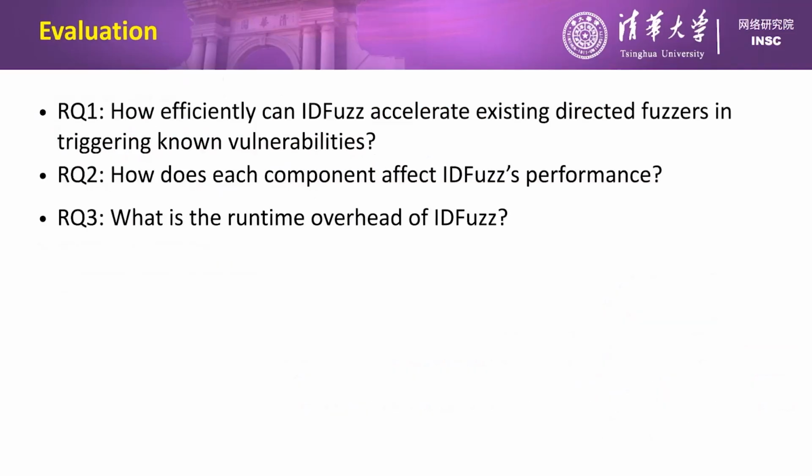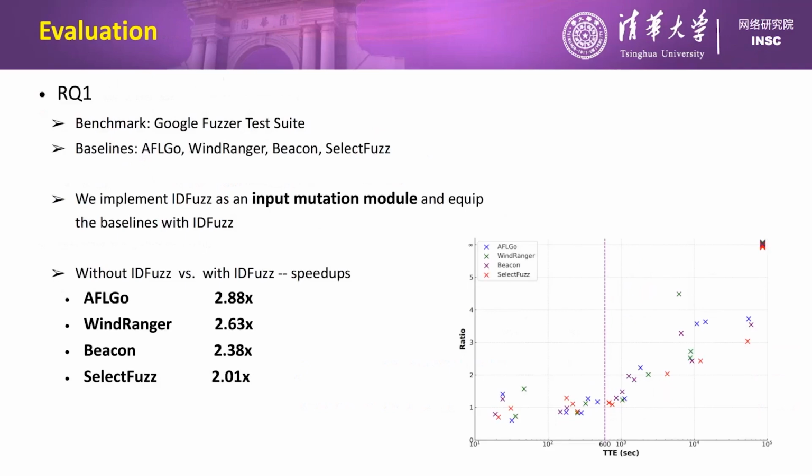In our evaluation, we evaluate IDFuzz from the aspects of efficiency, roles of each component, and its runtime overhead, as it involves neural network model training. For research question 1, we use the Google Fuzzer Test Suite as our benchmark, and we choose AFLGo, WindRanger, Beacon, and SelectFuzz as baselines.